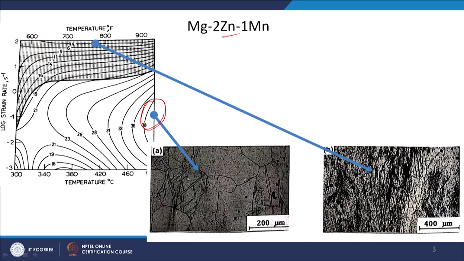So, you can see very clearly a very nice recrystallized microstructure here, whereas here you can see a lot of flow localization has taken place in these areas. So, this is where the instability must be occurring, whereas in this case you can see a nice recrystallized microstructure.